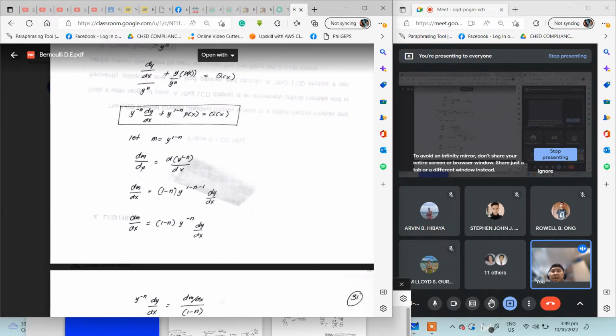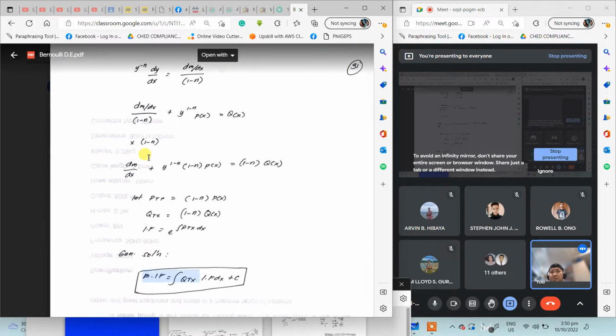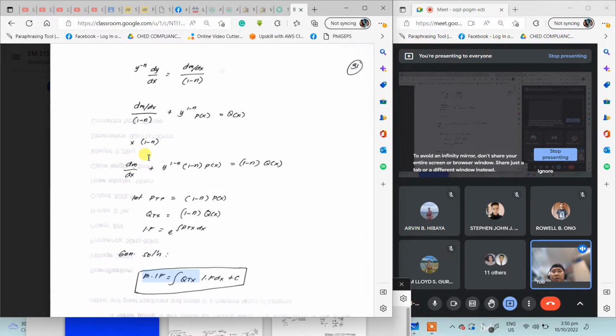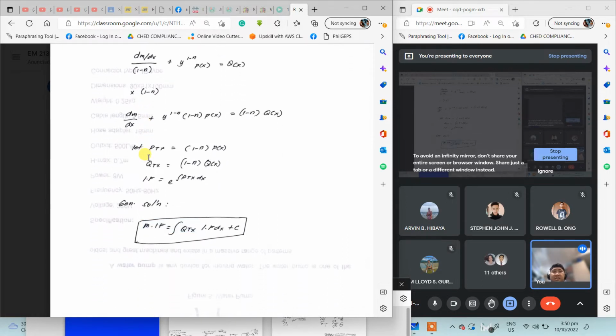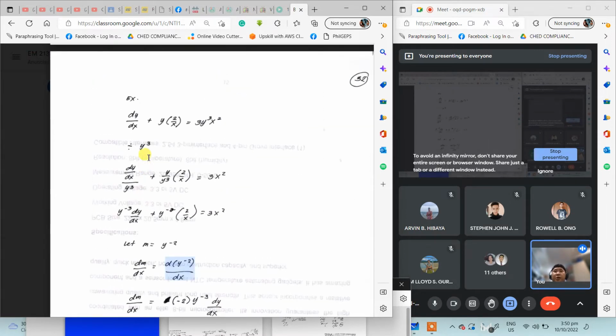Since we use m here, the value of m should be multiplied here. Then the same steps: multiply with the integrating factor, integrate the function of q, then multiply by the integrating factor, dx plus c. So let's try an example for linear in Bernoulli in y.